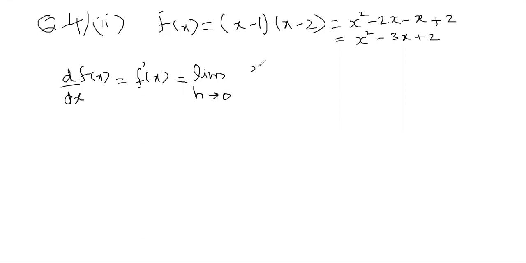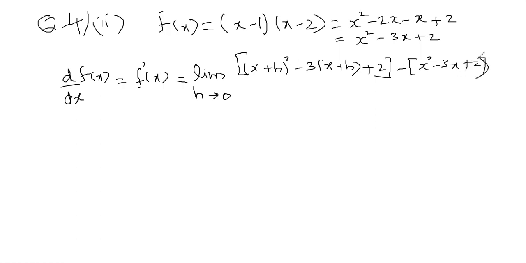f dash x is equal to limit h tending to 0, f(x plus h). x is replaced by x plus h, so x plus h whole square minus 3 into x plus h plus 2. This is f(x plus h), and minus f(x), which is x square minus 3x plus 2, whole divided by h.